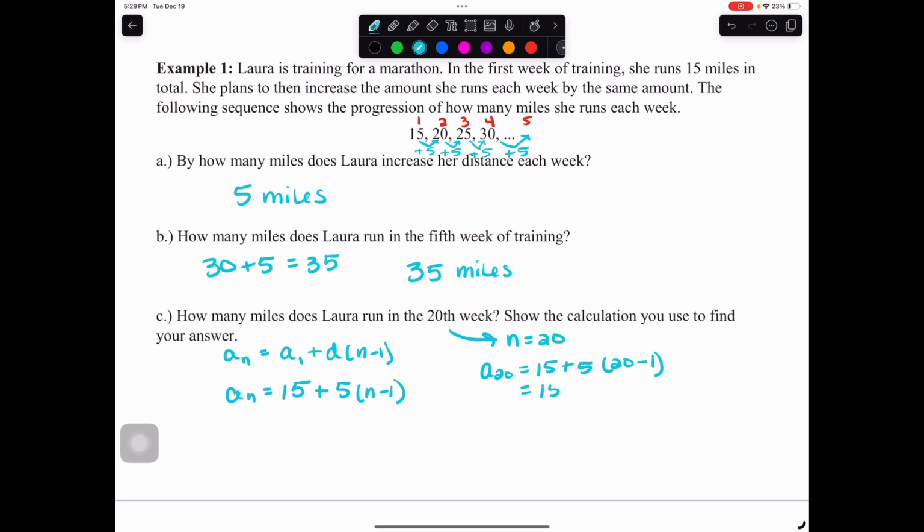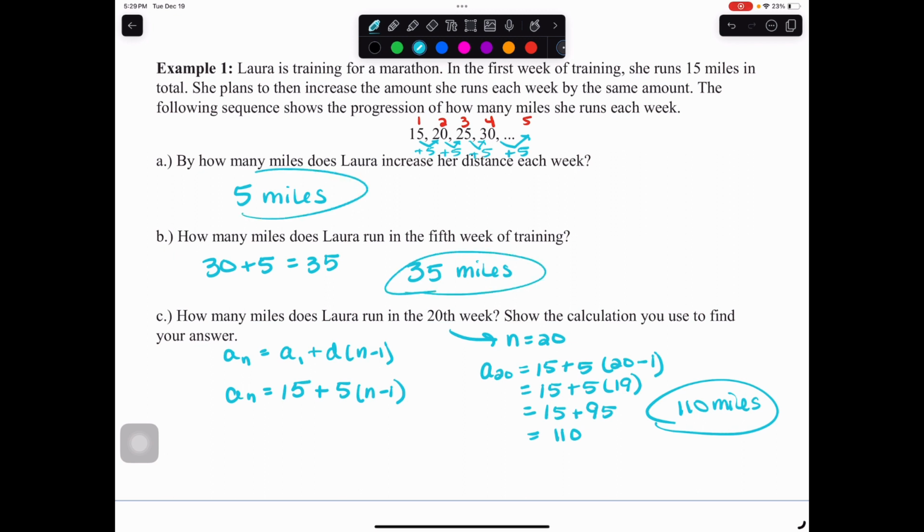So that's equal to 15 plus 5 times 19, which is equal to 15 plus 95, which is equal to 110. So that means it's 110 miles at week 20. So we have all 3 of our answers for example 1 in real context.